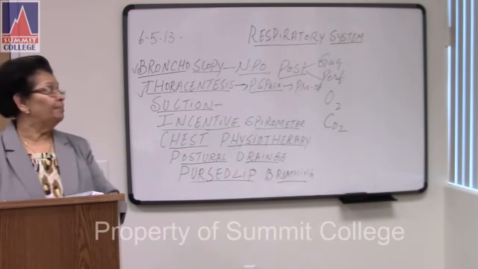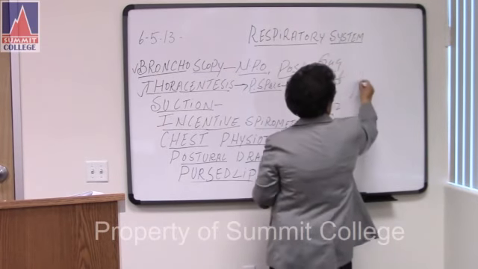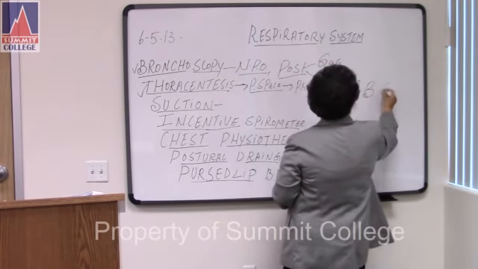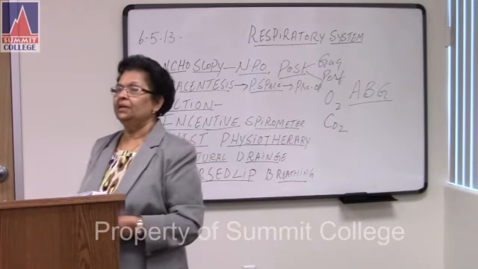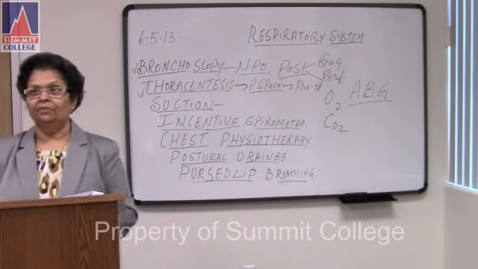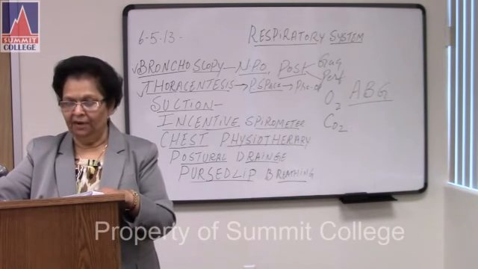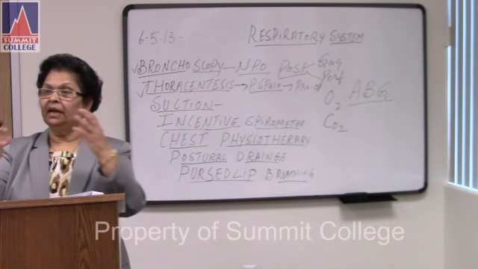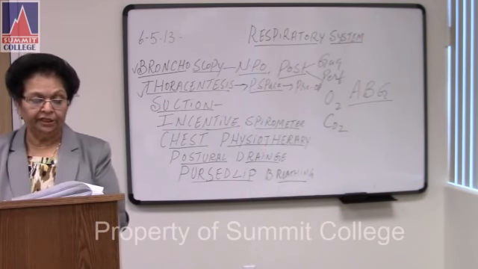When we are checking the blood, what do we do? ABG. I want you to write down the word ABG. What is ABG? Arterial blood gases. So remember, when we are doing ABG, that's the blood test. And when we are doing pulse oximetry, we are placing the probe and checking oxygen saturation.